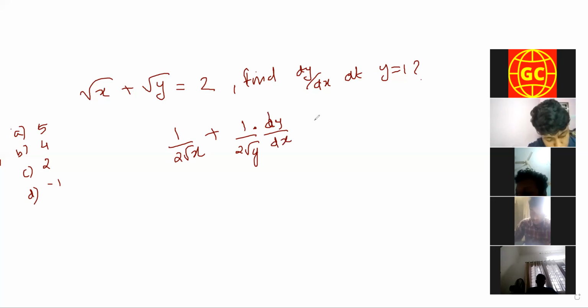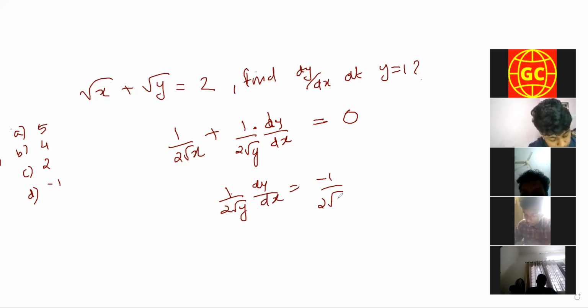Never forget to put that. That is equal to, what is the derivative of 2? 0. So 1 by 2 root y dy by dx is equal to minus 1 by 2 root x. So dy by dx is equal to minus 2 root y by 2 root x.